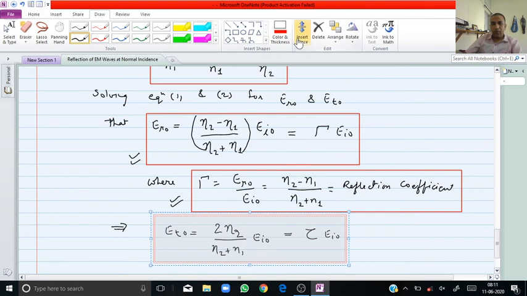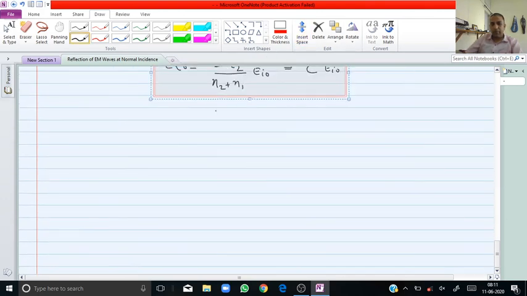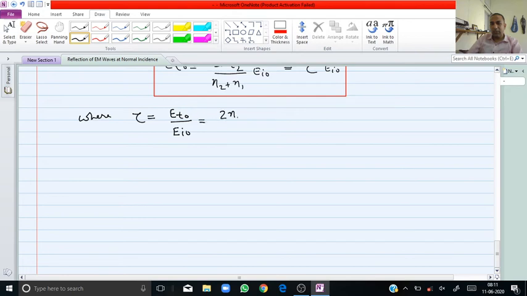Okay, where tau is actually E transmitted divided by E incident, and this will be given by 2 eta 2 divided by eta 2 plus eta 1, and this is actually your transmission coefficient.